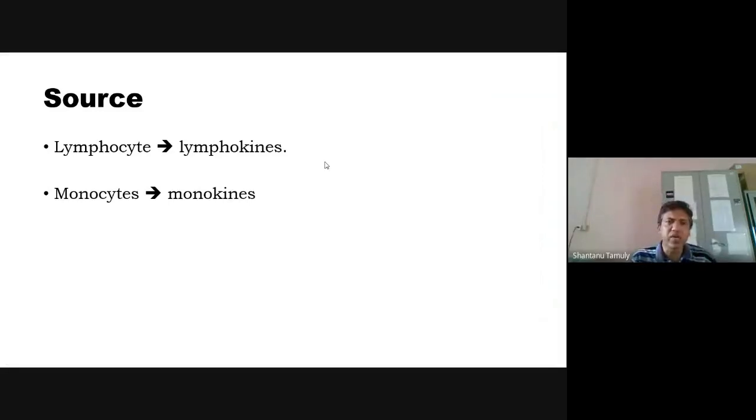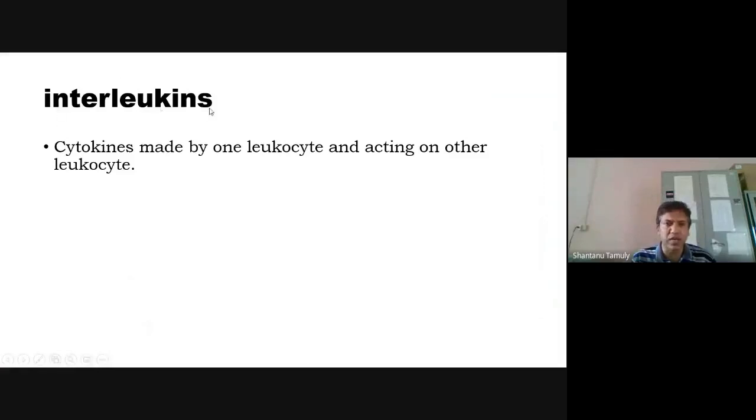Interleukin is also a term that was used earlier. These are the cytokines made by one leukocyte and acting on another leukocyte. That means interleukin means the cytokine produced by one leukocyte acting on the other leukocyte.